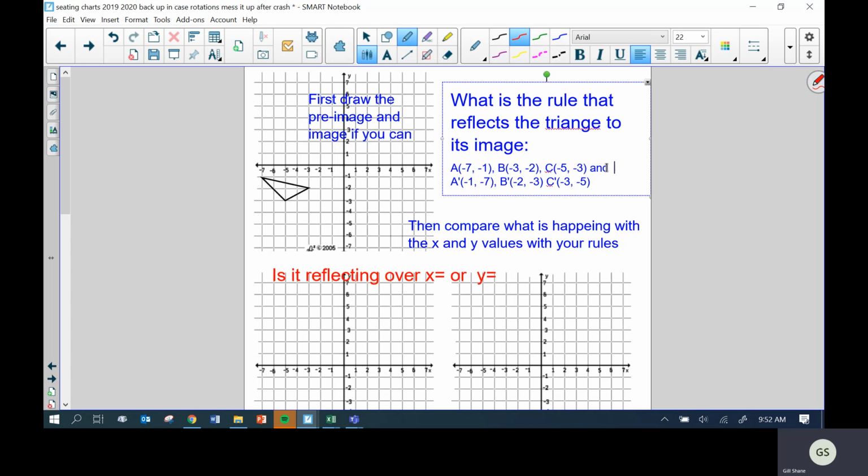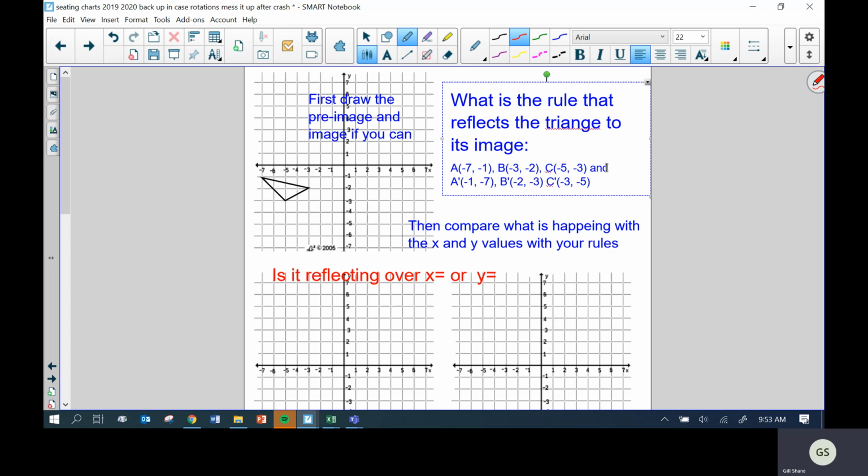So go to your rules sheet right now. What did I just do on my rules sheet? All you're trying to do is go from the far left columns to the far right columns, and again, this is only about reflections, so you're just looking at the top table.